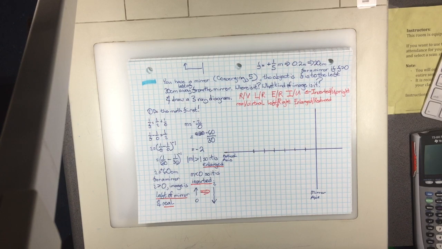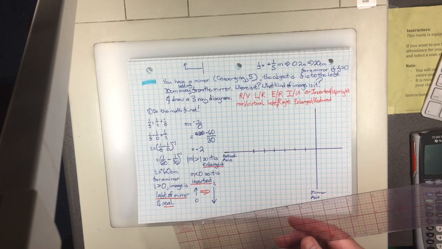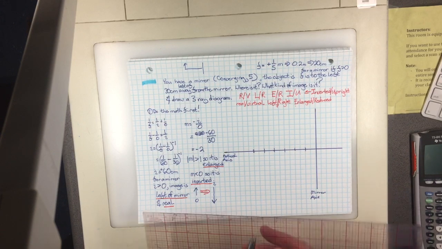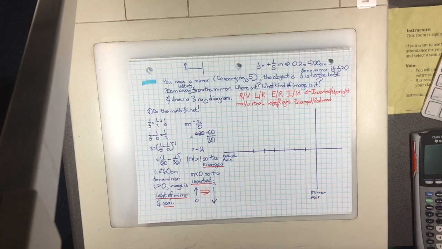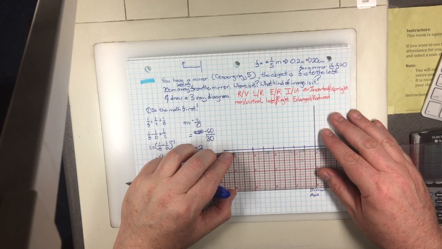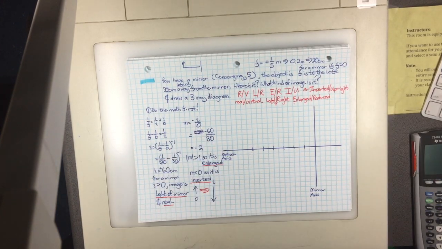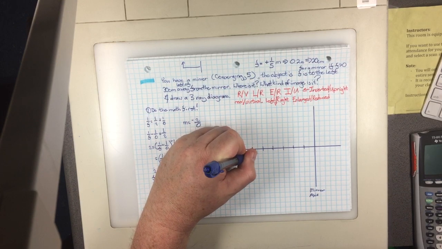If you have a blank sheet of paper, what I would do is choose that as 10 centimeters. I think the scale of this is about right. Or you could choose 1 centimeter on your regular ruler to get the same thing. So I physically place the image here.